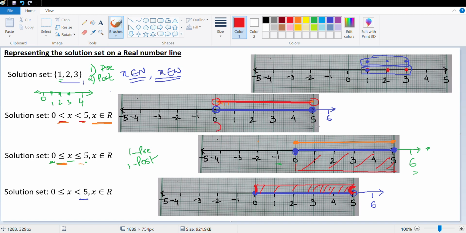I would have a half circle here at 5 because 5 is not included. I will join these 2 and I will shade this portion. Yes, I'm doing it below the number line. Ideally, you will use only one method, which means you will put it above the number line. And in case of this method, you have to use the specific numbers in any case. Let's solve some questions and let's see how it works.